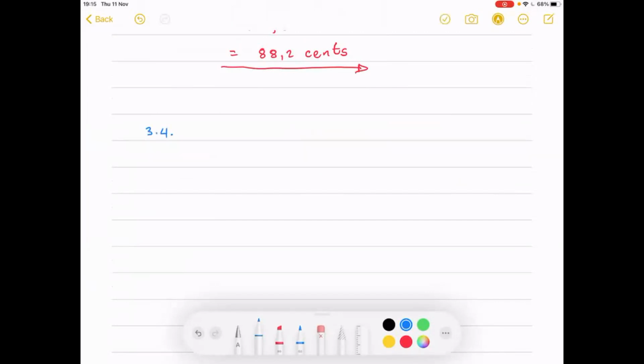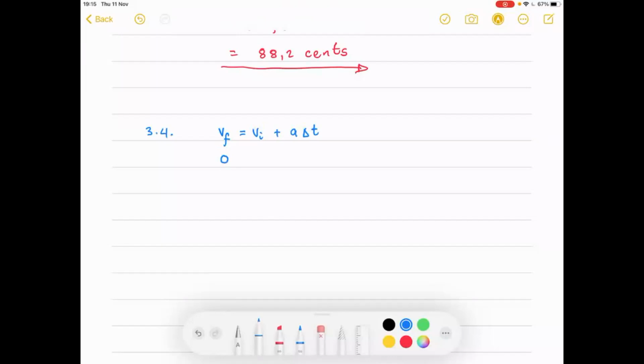3.4. So I'm going to say that V final is equal to V initial plus a delta t. So I'm going to use the first part of the motion where the ball reaches the maximum height. So at the maximum height, what's the velocity?